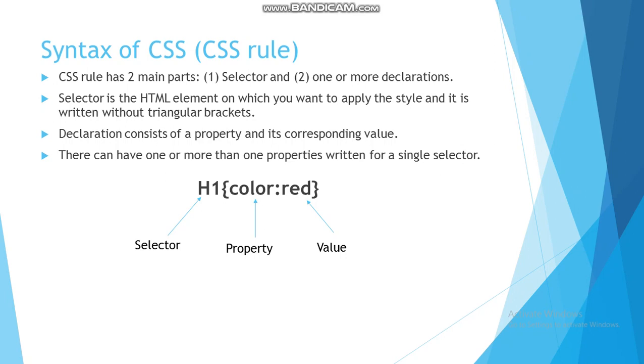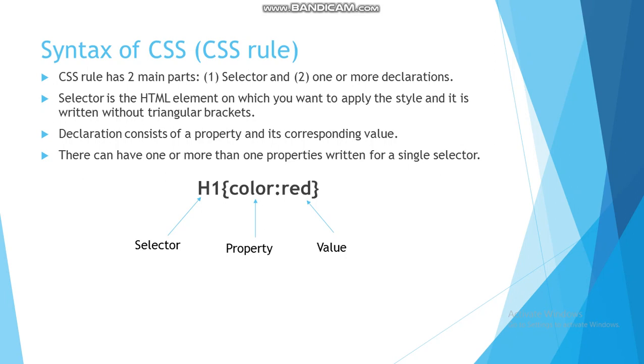And remember, to distinguish property and its value, we have to give colon sign. So h1 is selector, color is the name of property, red is the name of value of color property, and colon sign is given in between property and value.